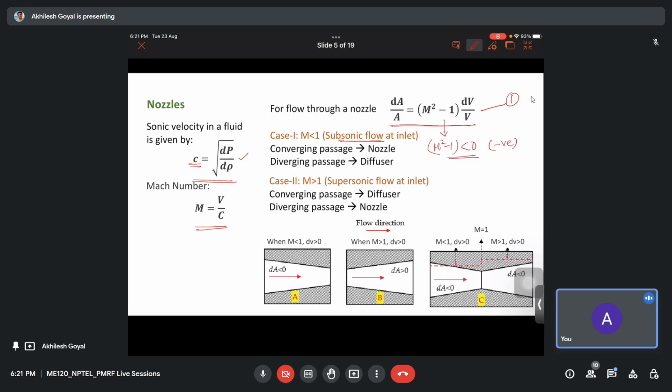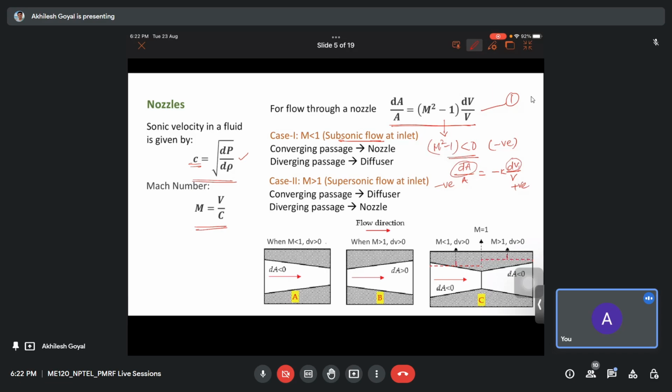Now if we see from here, dA by A is equal to minus some value k dV by V. So for a subsonic flow, if your area is decreasing, if dA is negative, then the change in velocity should be positive. It means if the area is decreasing for a subsonic flow, then the velocity of the liquid or fluid will increase.